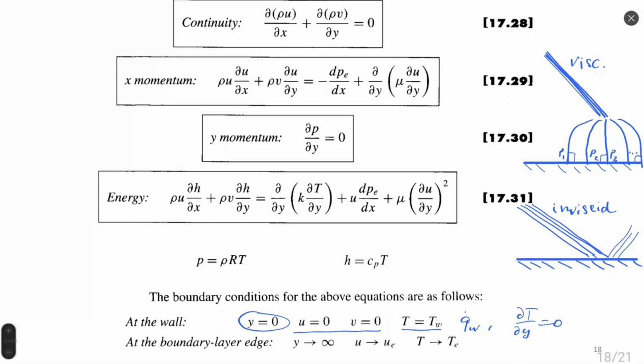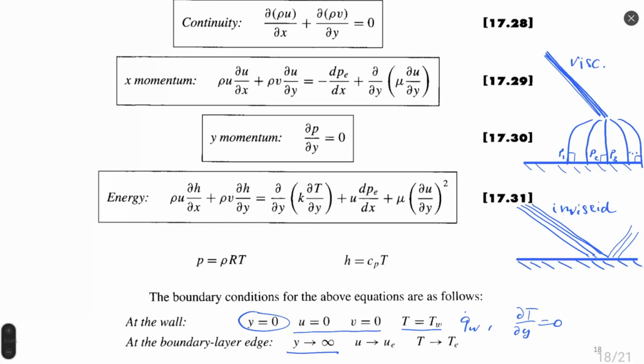Another boundary condition we set on the edge of the boundary layer. This equation system works only inside the boundary layer. So theoretically, the boundary layer would finish at an infinite distance from the wall, because as I said, we always have variation of velocity. It's a continuous process, but we will limit it at 95, 99% of velocity.